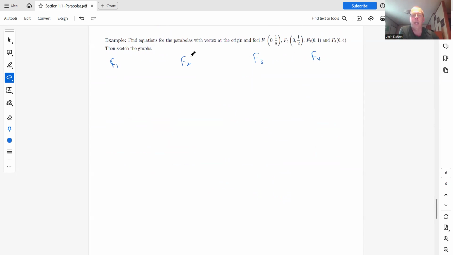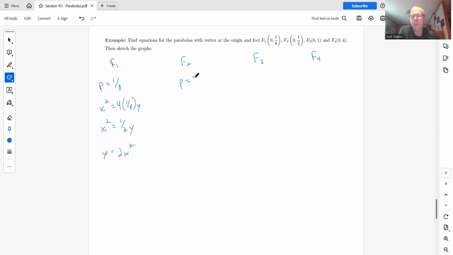This is on the y-axis, so these are all going to be opening up. For F1, p is 1/8. So we have x squared equals 4 times 1/8 y, so x squared equals 1/2 y. Or if you like, solve it for y: y equals 2x squared.